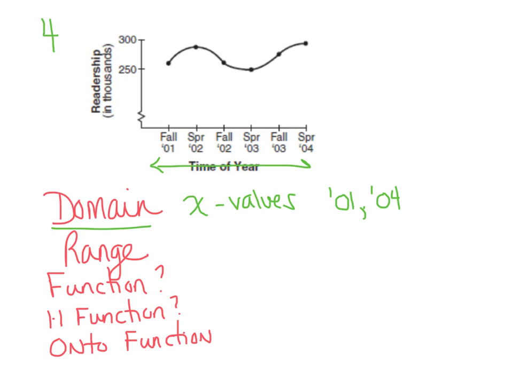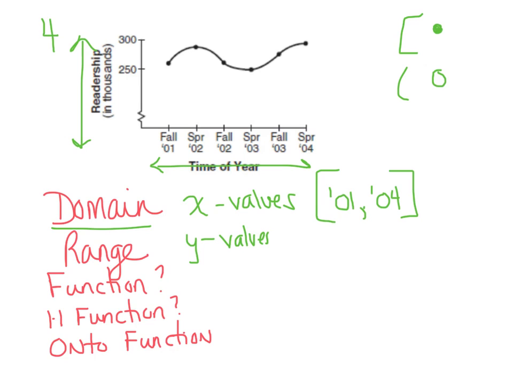Now I have to decide, do I want a bracket or a parenthesis? Well, remember, a bracket is for a solid dot and a parenthesis for an open dot. So I'm going to bracket in 01 to 04. Range. This time when I hear range, we've got to be thinking y values. Okay, so I'm now looking at the y-axis, my up and down values. And I'm saying, again, how low and how high does this graph go?